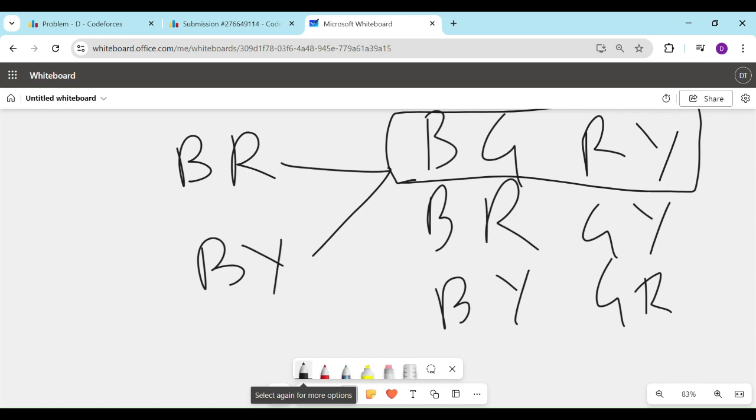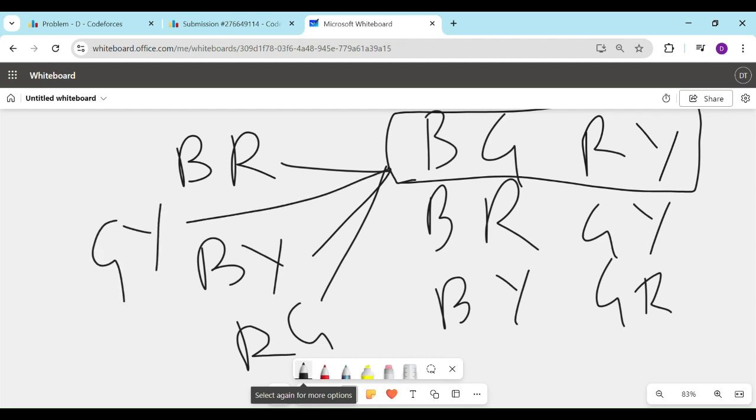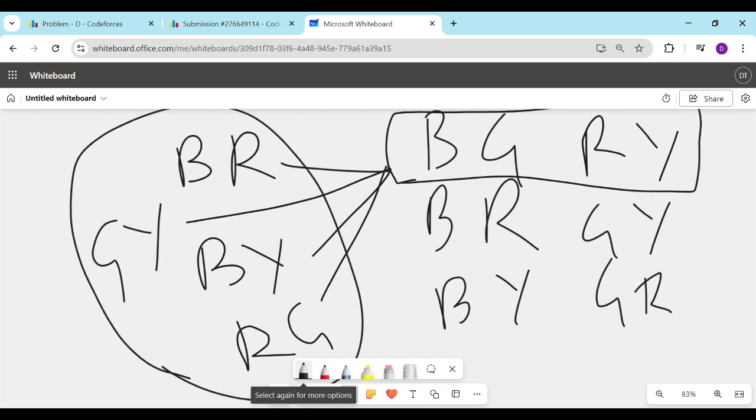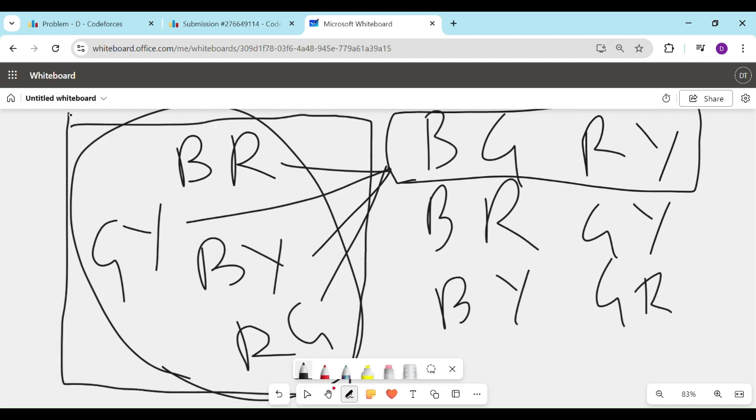I can go from BG to BY and BY to RY. Then my step can be RG. I can go from BG to RG and RG to RY. And my step can be GY. Okay, so I have 4 possible steps in between BG and RY. So I will check out of all of these steps which one is my most suitable answer. Now how will I choose that?